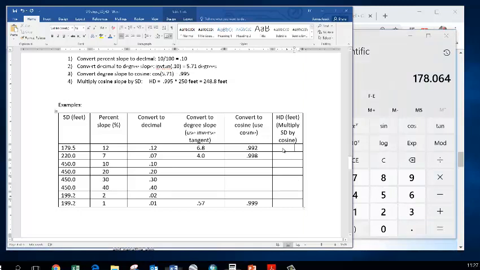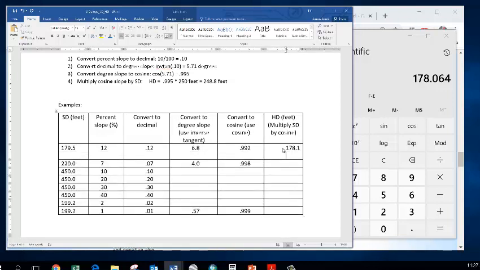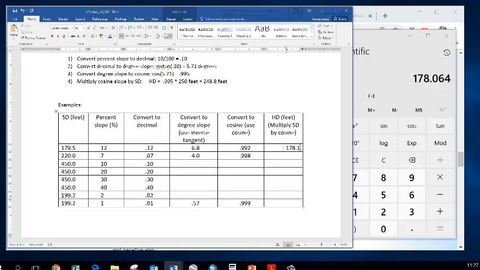So 178.1. Okay? Did I need to do that? Absolutely. Absolutely. Okay? There's about a 1.5 foot difference between the two. So even though it's 99% of it, you still need to get that horizontal distance. All right?